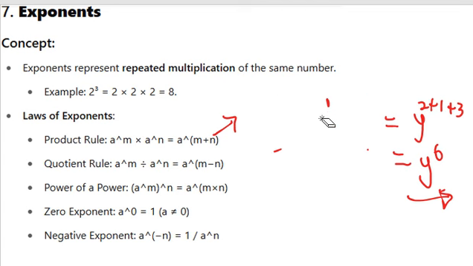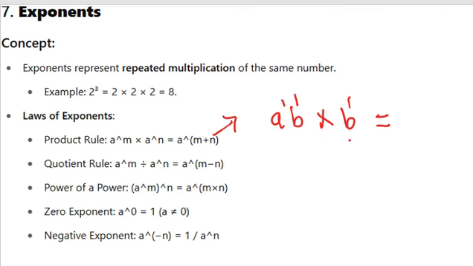You focus only on the bases that are the same. A is not the same, so you can write A to the power of 1. Since B and B are multiplied here and they are the same bases, you take B and add the exponents. So you're going to have A to the power of 1 times b squared.